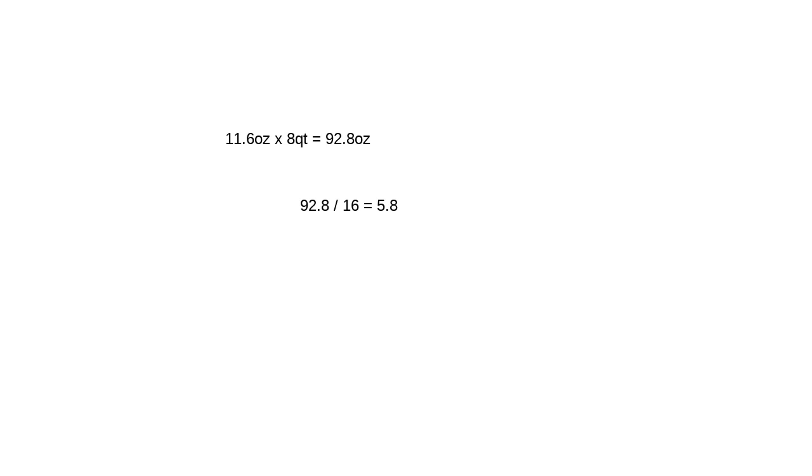So 5.8 is the number of pounds we need for a recipe that calls for 2 gallons. Everybody see how we got that?